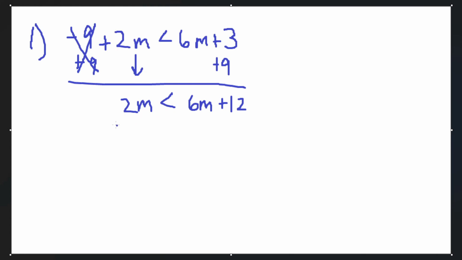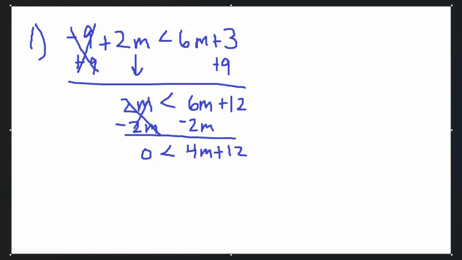I think I'm going to subtract 2m. 2m minus 2m is 0. Less than 6m minus 2m is 4m plus 12. Now we'll bring that 12 over to the left side. So to get rid of this 12, you subtract by 12.